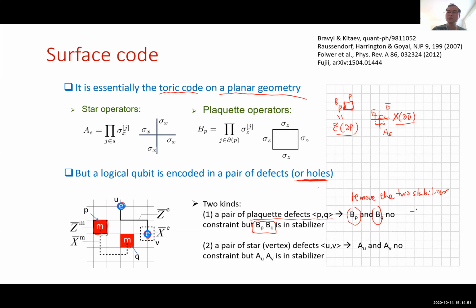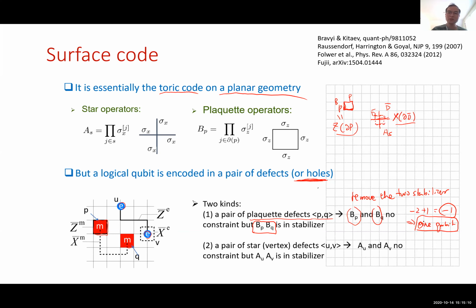Therefore, I remove two constraints, put one constraint back. So I have one constraint less, so therefore there is a qubit. There's one qubit that I can encode.